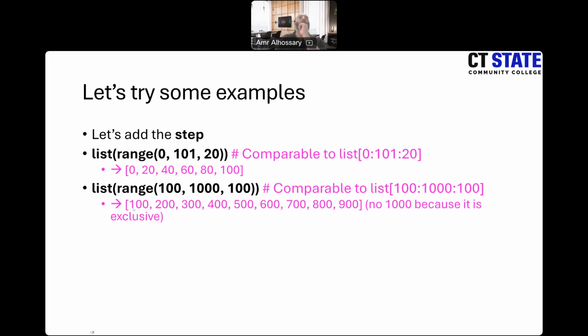This will produce 100, 200, 300, 400, 500, 600, 700, 800, 900, but not 1000. Why? Because 1000 itself is exclusive. So we'll build from 100 to 900.